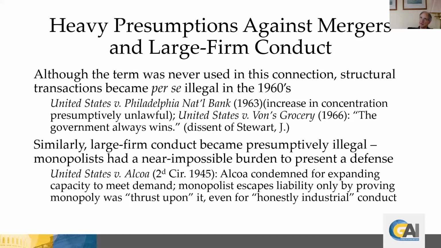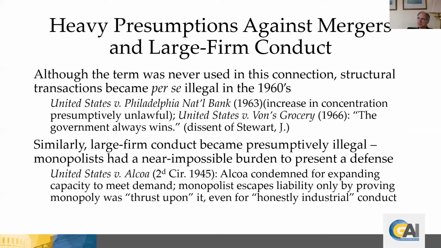And a similar evolution was apparent in the Section 2 monopolization law. In 1945, in a case, United States versus Alcoa, this had actually been started by the very aggressive Assistant Attorney General appointed by Franklin Roosevelt in 1938.